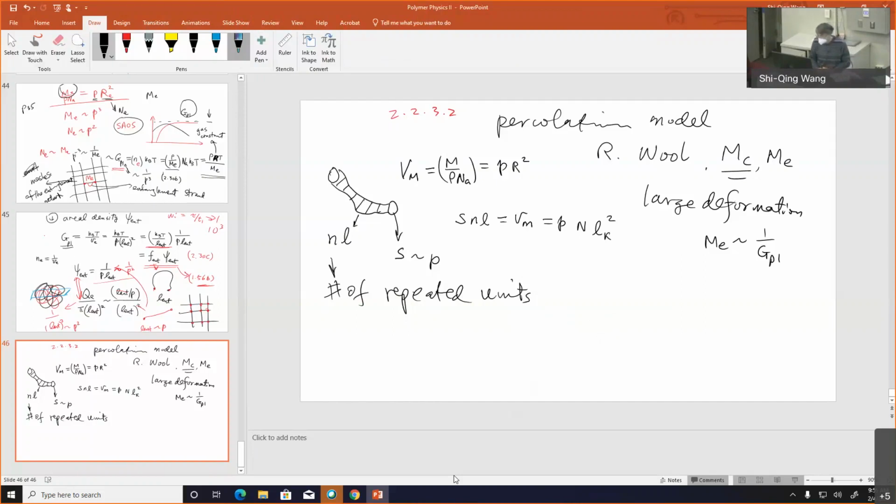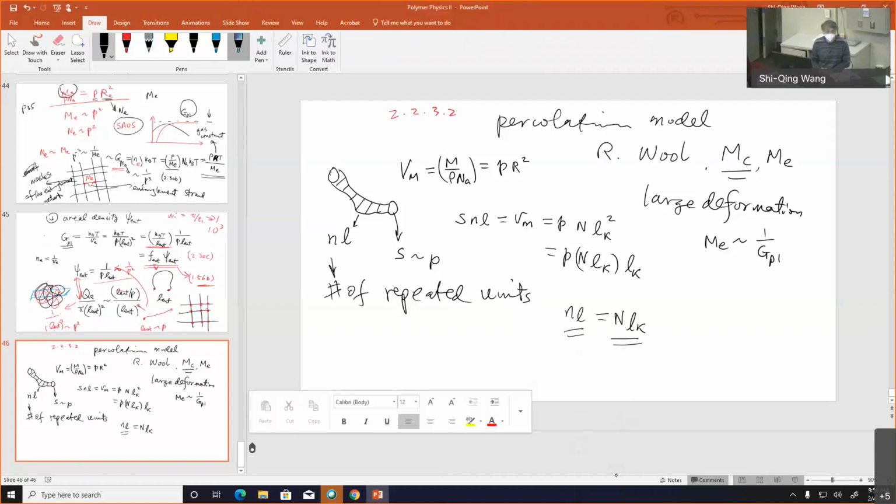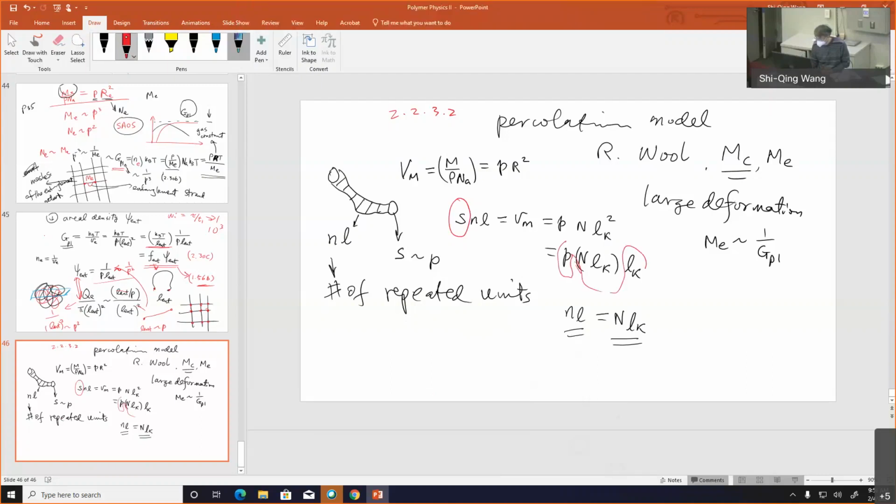So this basically allows me to write like this, and the chain length can be written either in terms of repeat unit or in terms of number of Kuhn lengths. So you can see now, by identification, this is this.